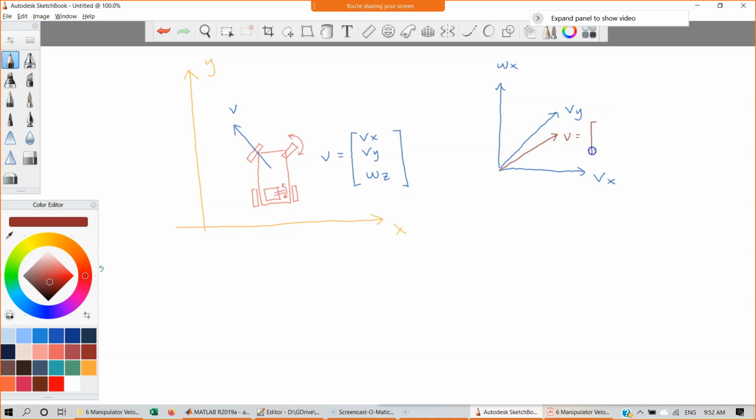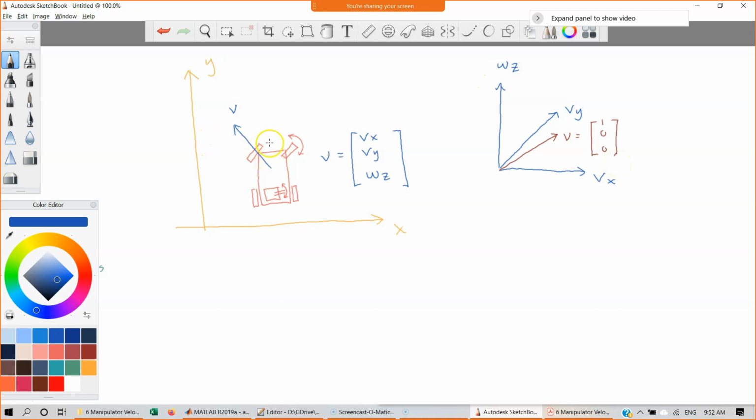This vector can be maybe 1, 0, 0, right? So 1, 0, 0 means Vx is 1 meter per second, Vy is 0 meter per second, and omega z is 0 radian per second.